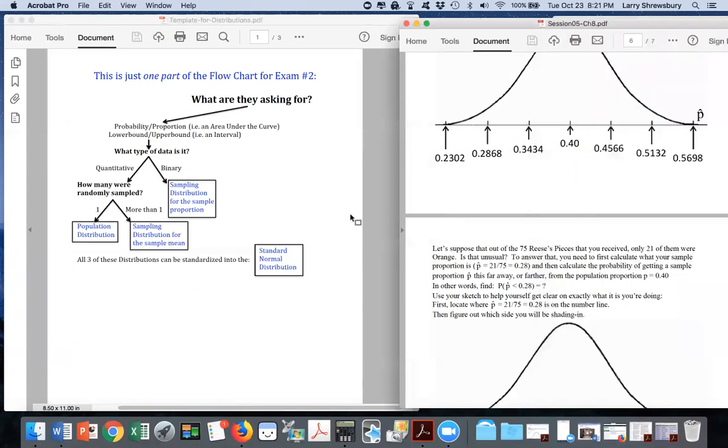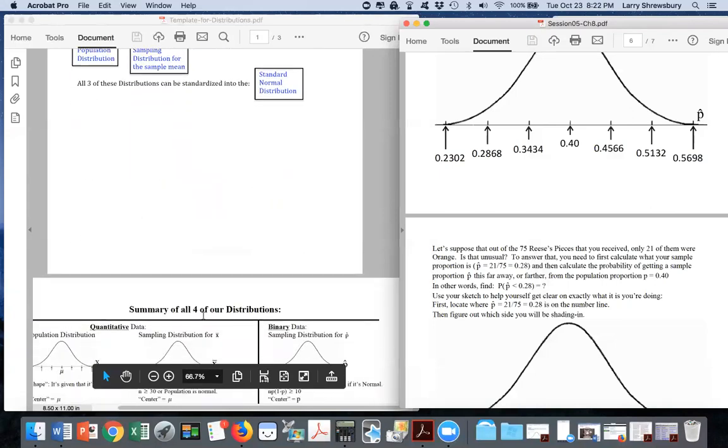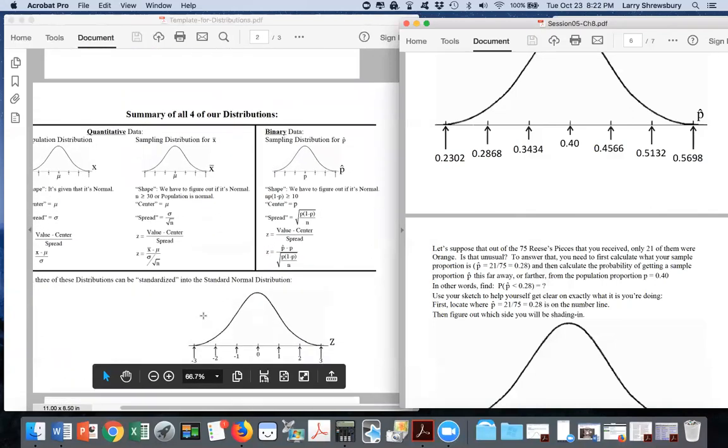All right, so let's go over here. Now, what type of data is this? Well, they ask the probability, because once we know the probability, we'll know if it's unusual. It's binary, so we know it's a sampling distribution for the sample proportion. This reminds us of the formula we need to use, in particular the one for the standard error.